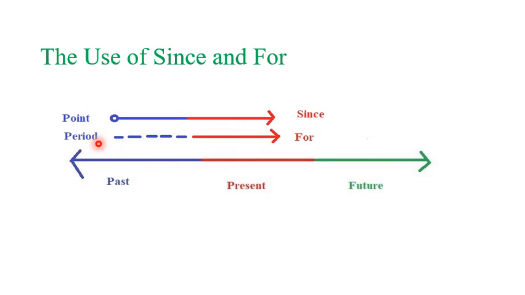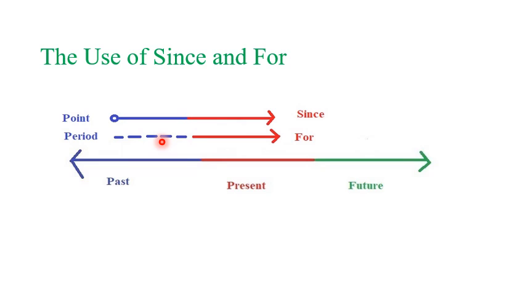If you do not know when the action of the verb started, but just a period is mentioned, period means that there is a period of time between point A and point B, and the action might have started anywhere in between them. You do not know the exact point when that action started.